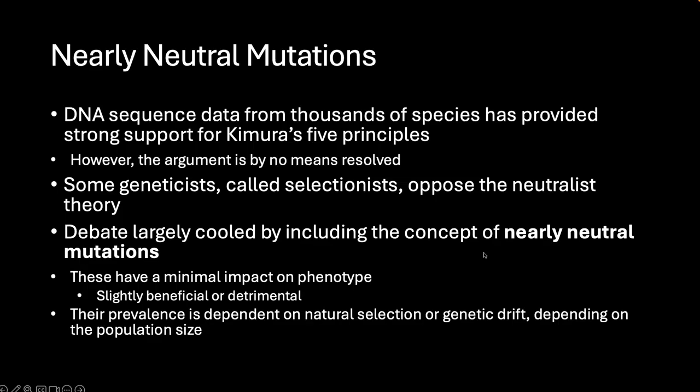These nearly neutral mutations bridge the gap between neutrality and selection by showing that many mutations have small fitness effects whose fate depends on population size. This more unified explanation matched the empirical data far better than either pure neutrality or pure selection, effectively cooling the debate about the neutral theory.